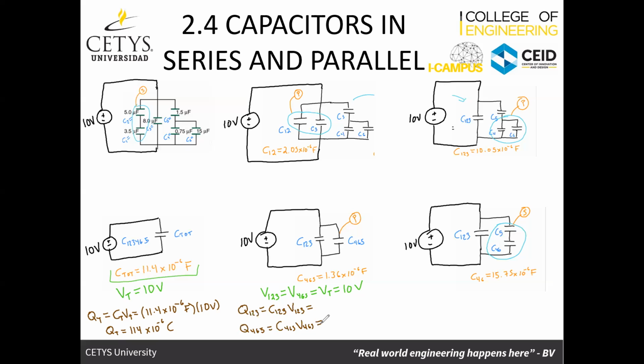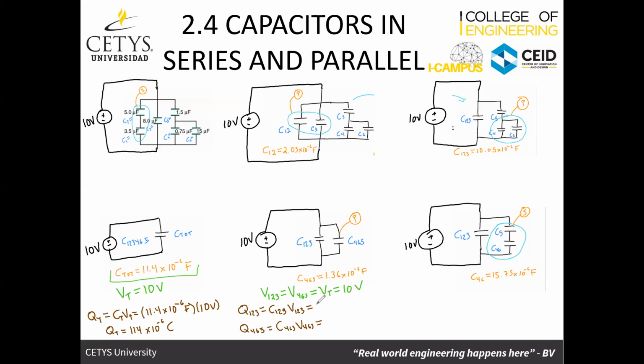Please give me those two values and validate them. Up here, we have the values of the capacitance. Capacitance 1,2,3 is 10.05 times 10 to the minus 6, and capacitance 465 is 1.36 times 10 to the minus 6.